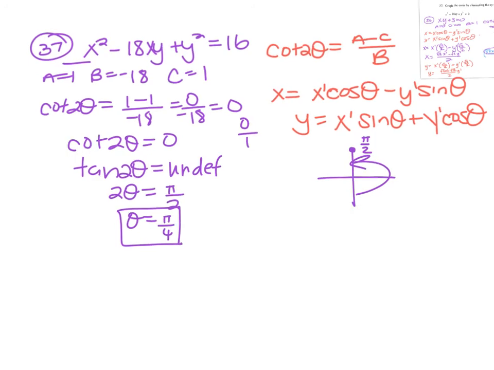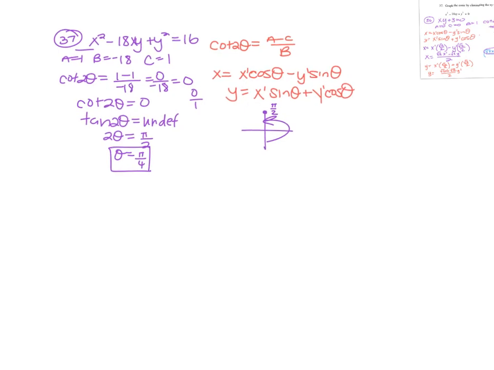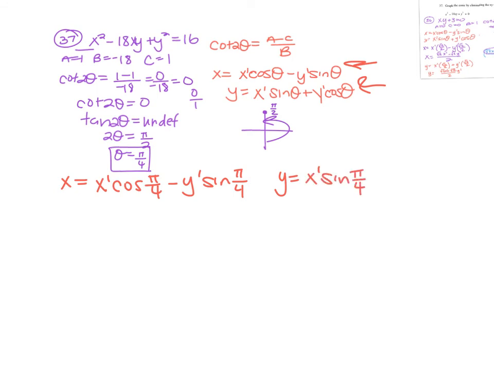Okay. All right, so from here, once I find the angle, then I've got to do the x and y. So I would say that x equals x prime times the cosine of pi over 4 minus y prime times the sine of pi over 4, and y equals x prime times the sine of pi over 4 plus y prime times the cosine of pi over 4.